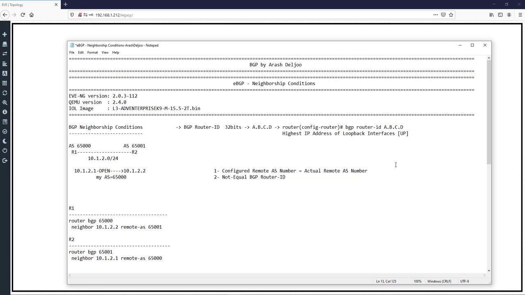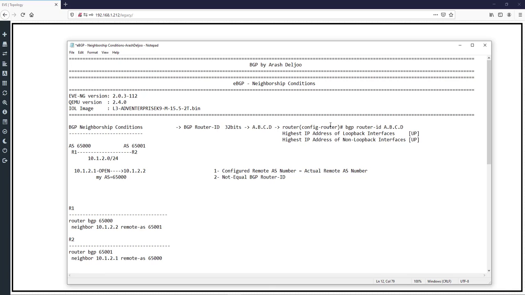And if we don't have any loopback interface in this router, the highest IP address of a non-loopback interface, for example physical interfaces, that should be in up state, will be our router ID.